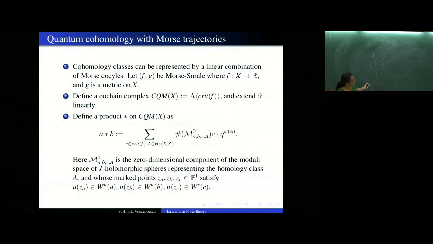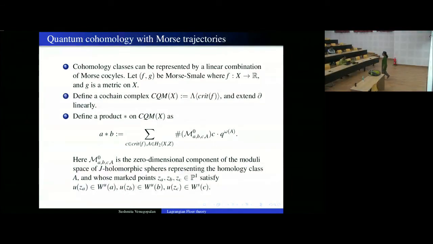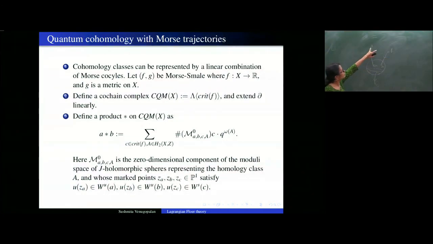And I say that u(z_A) and u(z_B) map to the unstable locus of A and the unstable locus of B, which means that there are gradient trajectories coming down from A and B and hitting the images of these 2 points. The third condition says that u(z_C) maps to the stable locus of C, which means that if I start from u(z_C) and flow down by the gradient flow, I'm going to go to C. So I'm going to count the 0-dimensional components of these kinds of spheres. The cohomology condition is essentially replaced by where these limits of the trees should go.